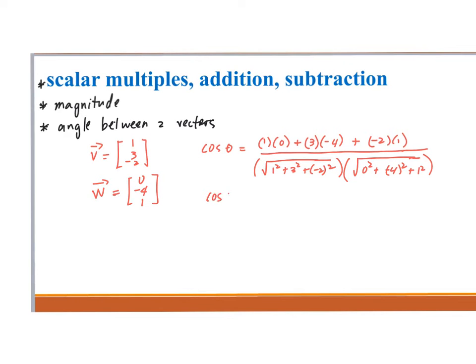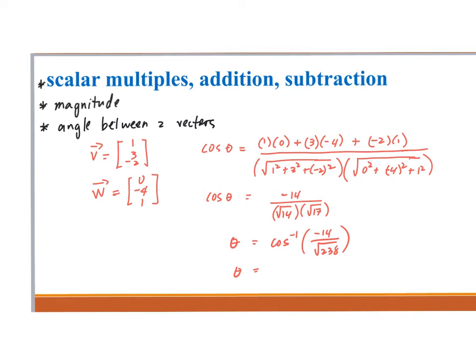So we have cosine theta is equal to negative 14 over the square root of 14 times the square root of 17. So theta is equal to cos inverse of negative 14 over the square root of 14 times 17, or 238.